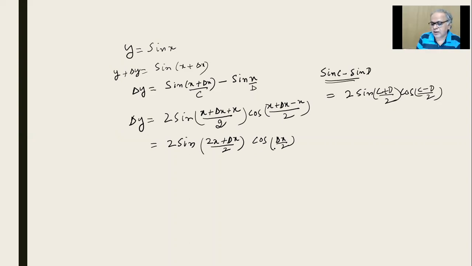Actually, just go back and tell me whether you wrote the formula correctly: 2 cos of C plus D by 2. The sine C plus sine D formula you gave. But you need to refer to your formulas there.